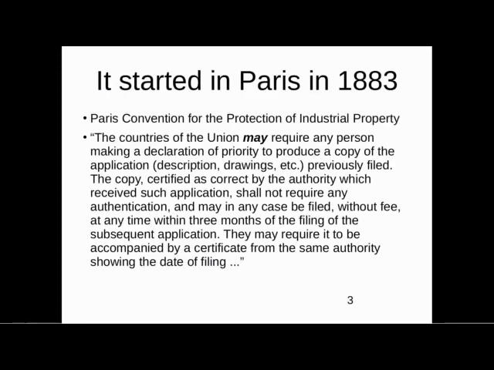In 1883, a bunch of dead white males came up with the Paris Convention for the Protection of Industrial Property. And the goal was to fix a bunch of things that had by then gone wrong. Many treaties exist to fix things that people realized were going the wrong way.